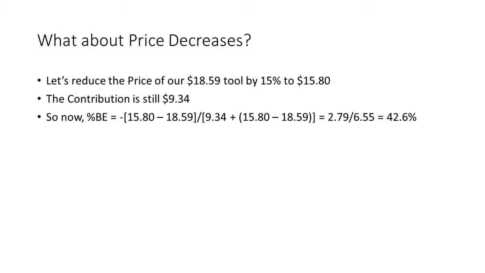Now, if we plug in all the values to the formula, we have the new price of $15.80 minus the original price of $18.59, along with that negative sign in the numerator. In the denominator, we have the contribution of $9.34 plus the same price difference, and that gives us, in the end, after we do all the arithmetic, a percentage break-even point of 42.6%.